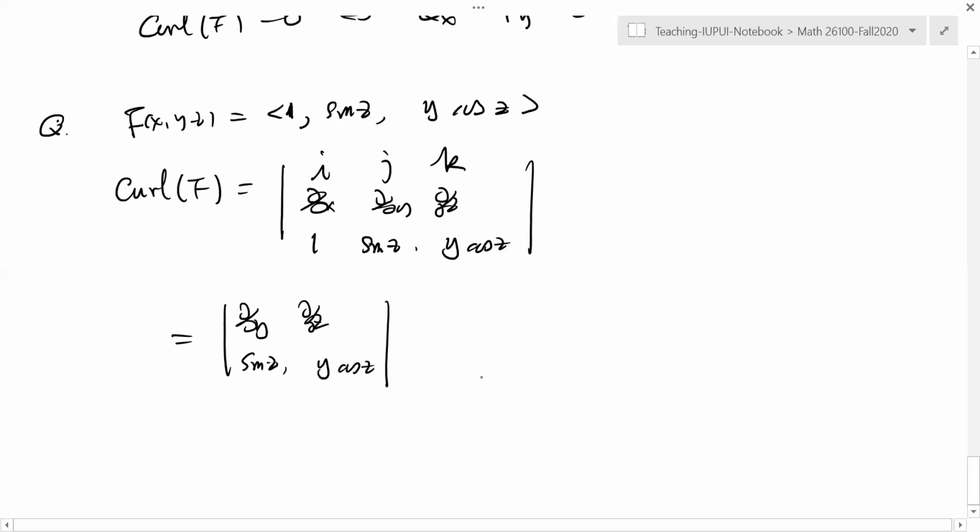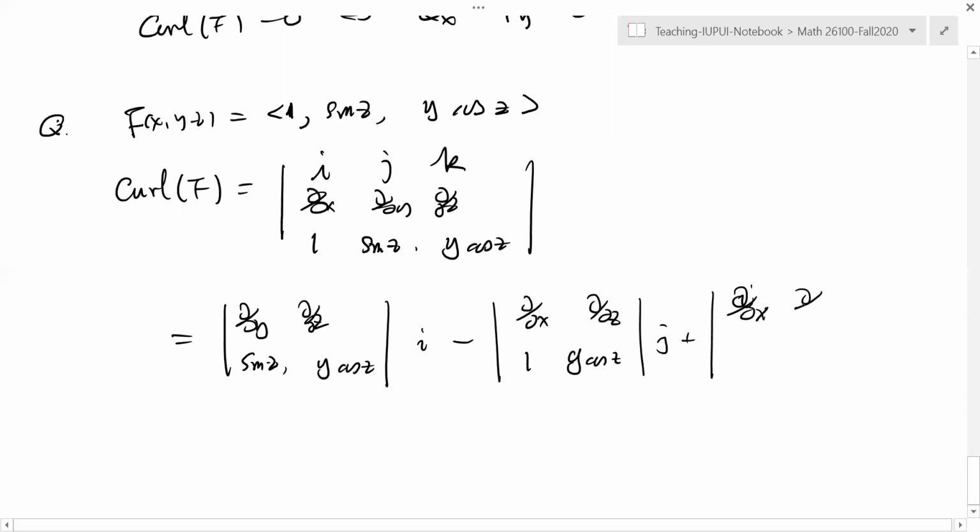Okay, so let's look at this, right? And then the partial derivative with respect to z of (1, sine z, y cosine z), and that is the last one. Okay, so let's take a look at it. The first one will be cosine z minus cosine z, I think it's going to be 0.